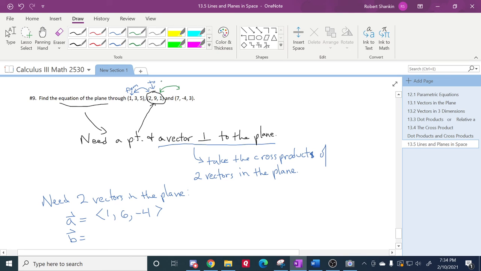So we'll go from to, and so then this is going to be, and you always take destination minus where you started. 7 minus 2 is 5. Negative 4 minus 9 is negative 13. 3 minus 1 is 2.